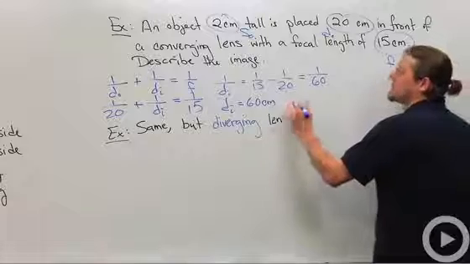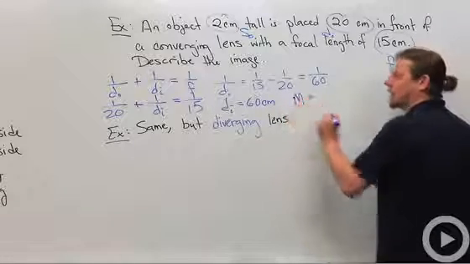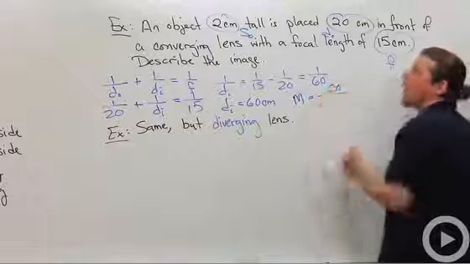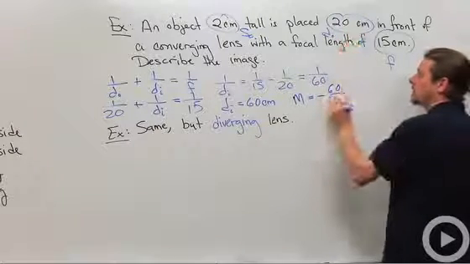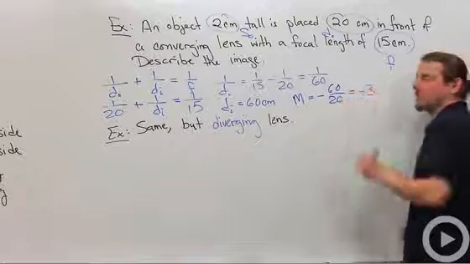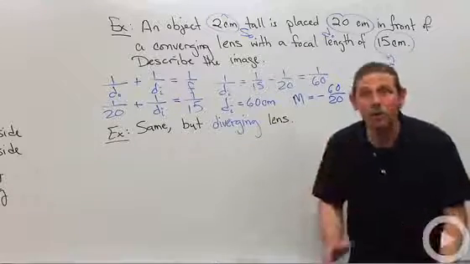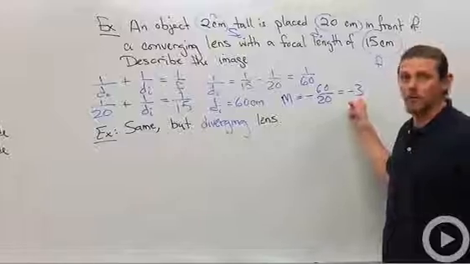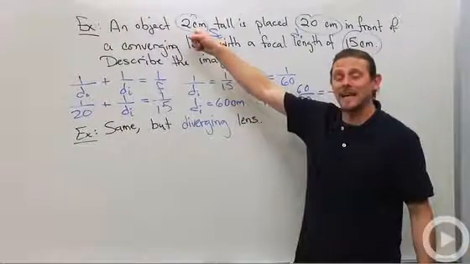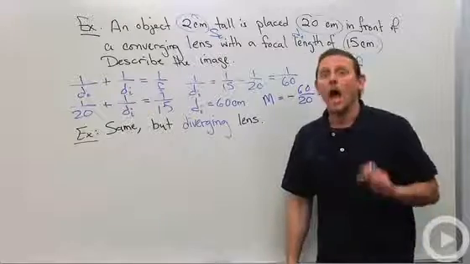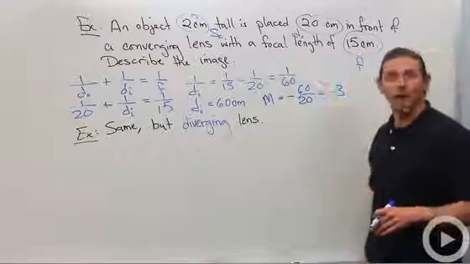So that means that the magnification, which is minus DI over DO, is negative 3. So that means it's an inverted image that's 3 times bigger. So it's going to be 6 centimeters tall, but upside down. All right? And so that's the answer to this guy.